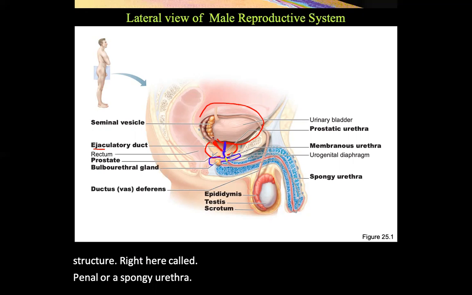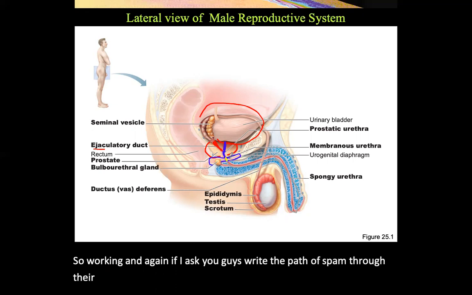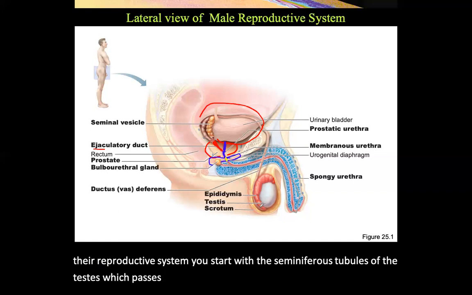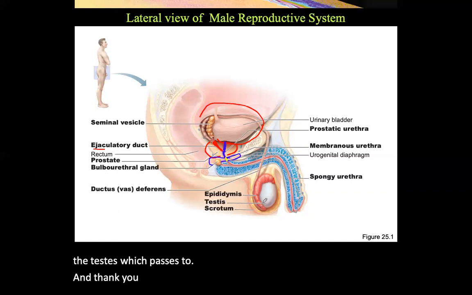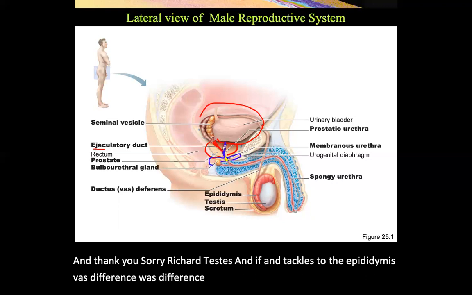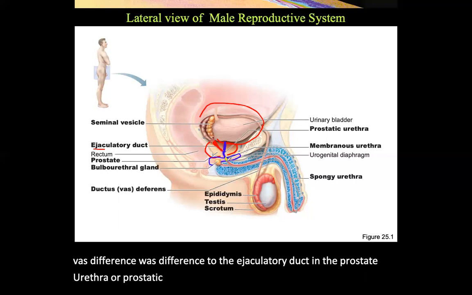If I ask you to write the path of a sperm through the reproductive system, you start with the seminiferous tubules of the testes, which pass to the efferent ductules, then to the epididymis, vas deferens, the ejaculatory duct, the prostatic urethra, the membranous urethra, the penile urethra, and out of the body.